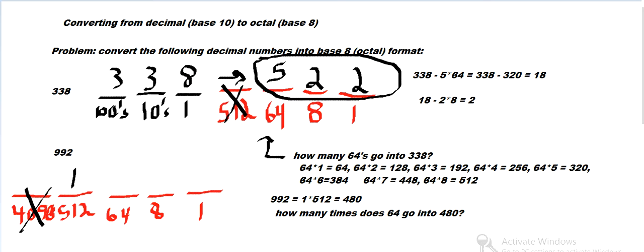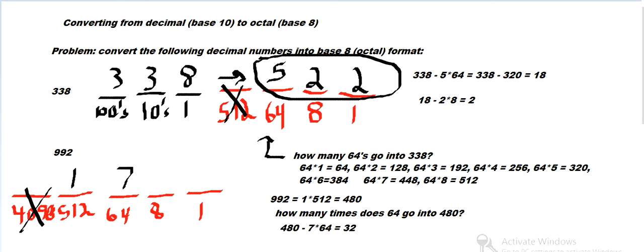So how many times does 64 go into 480 fully? Just 7 times. The 8th is over. So we had 480, and we took away 7 times 64, and that leaves 32 behind.